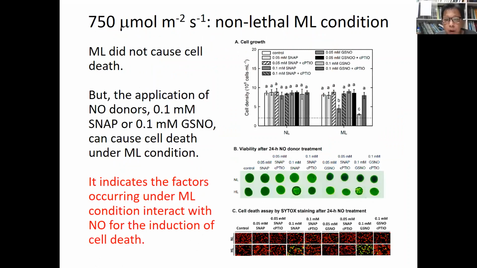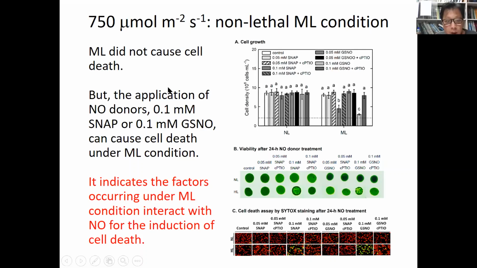Okay, so we use the non-lethal middle high-light condition. ML means middle high-light condition. It is 750 micromolar. Under this condition, the cells will not die, they stay alive.